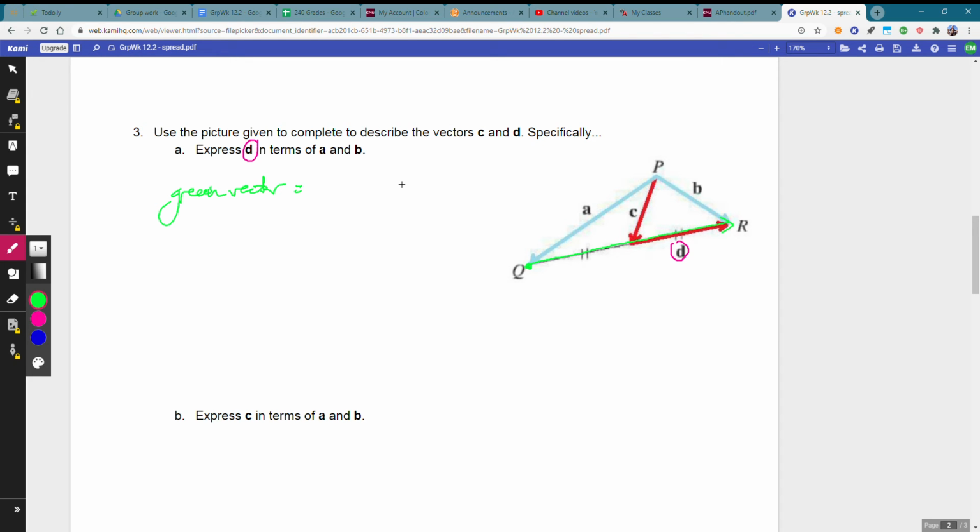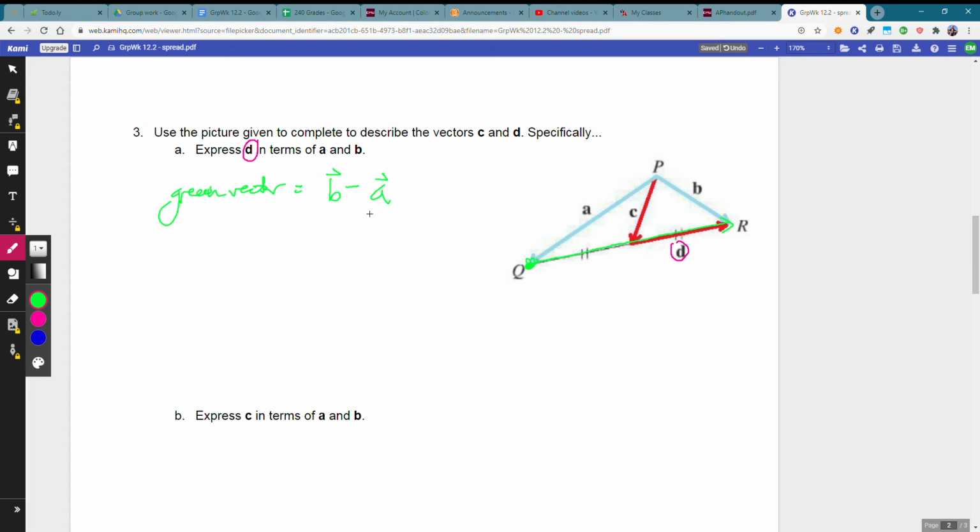Right, so this vector in green ends at the tip of B, so this will be B minus A. So our green vector. This will stretch from the tip of A to the tip of B, as our green vector here does.